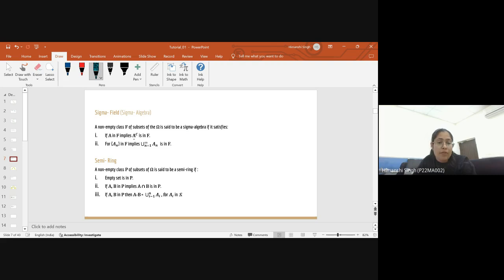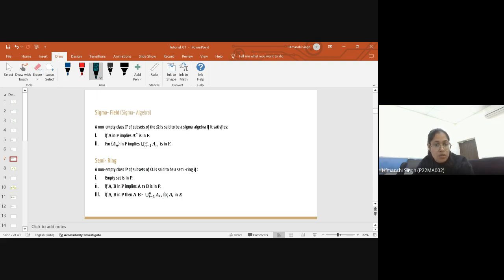Apart from that, semi ring was defined. For a class of subsets of omega to be a semi ring, the empty set should belong to that class, for any two sets their intersection should also be in that class, and for any two sets, their difference should be writable as a union of elements of that class.